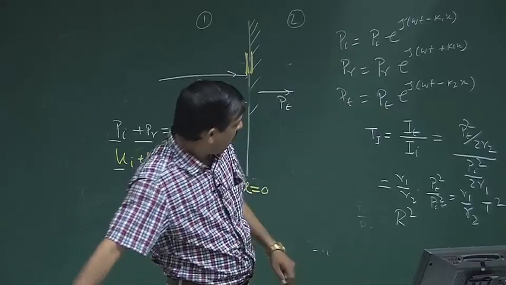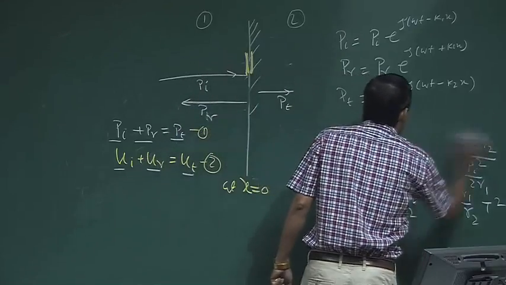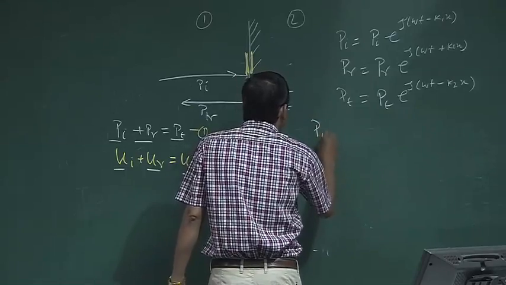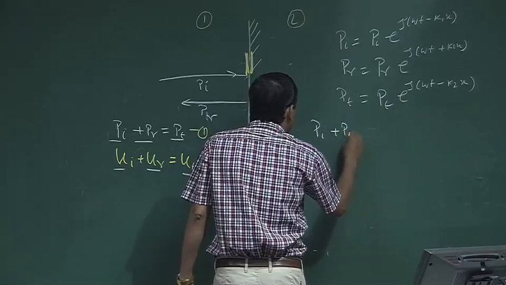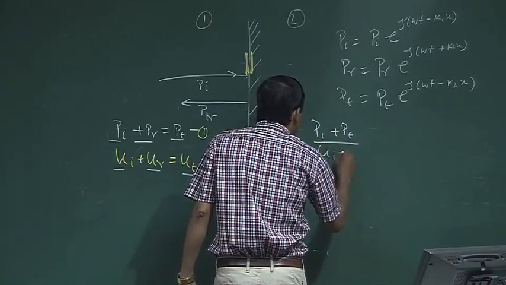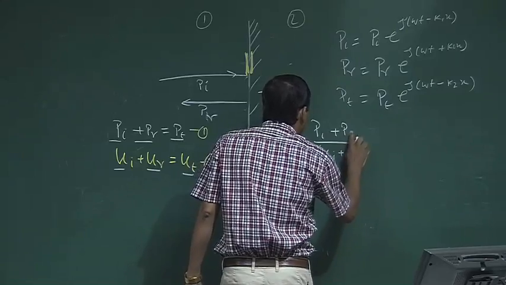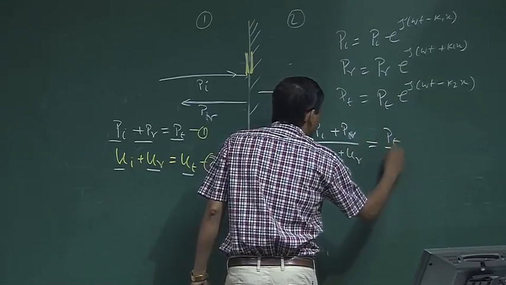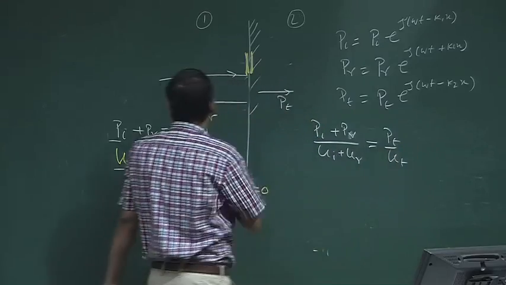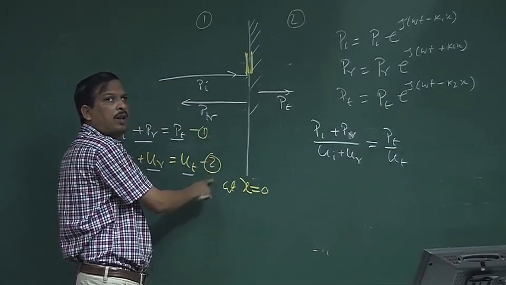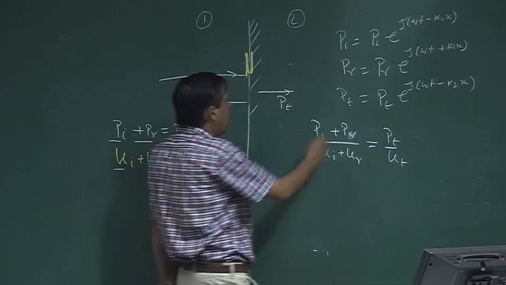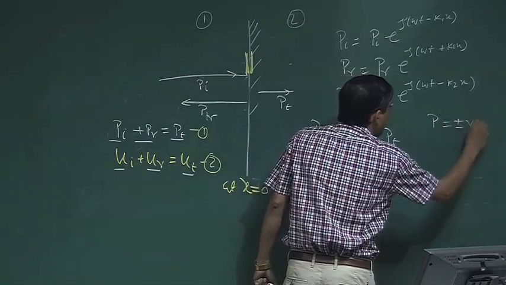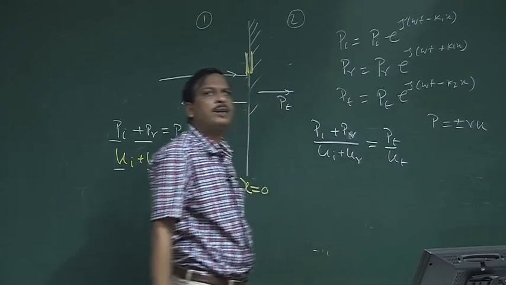Now I divide equation number 1 by equation number 2. So, I can write Pi plus PR divided by Ui plus Ur is equal to PT by Ut. Now, what is the relation between P and U? P is plus or minus R into u, where R is the acoustic impedance.